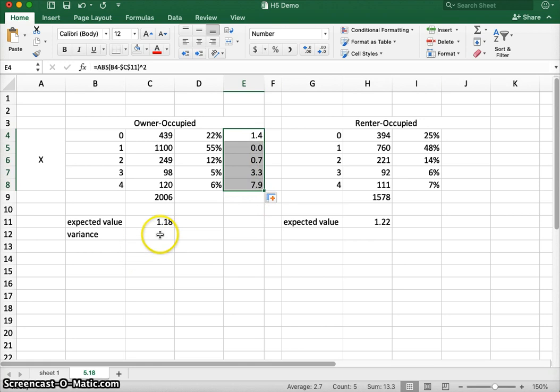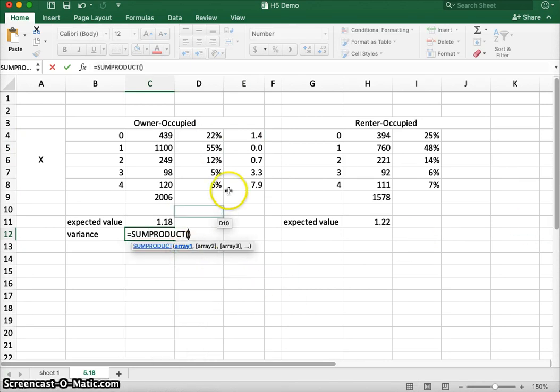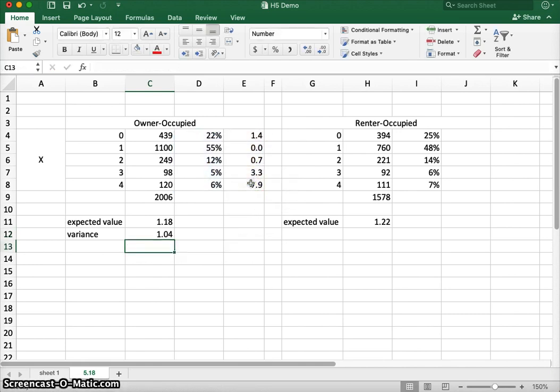Now if we want to find the weighted sum of the variances, we just use SUMPRODUCT again. SUMPRODUCT of the probability of what happened and the value of the variance.